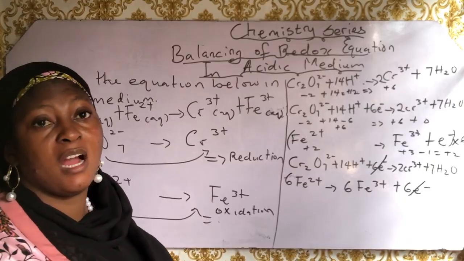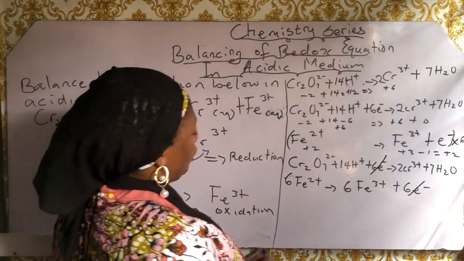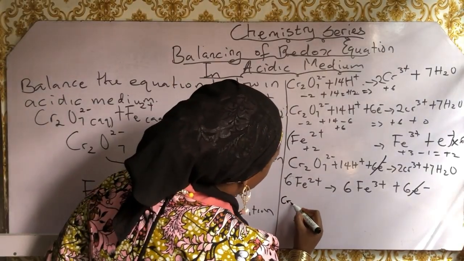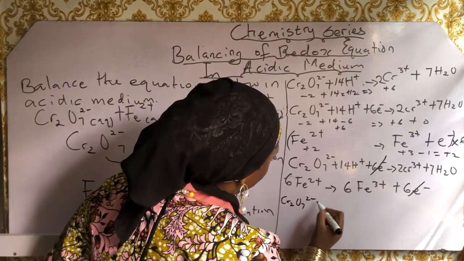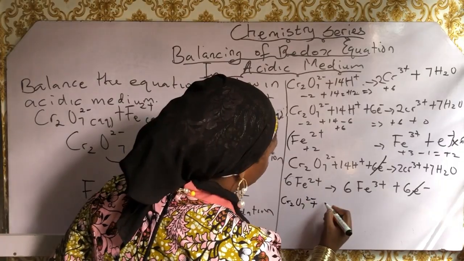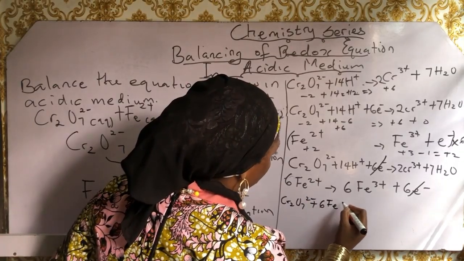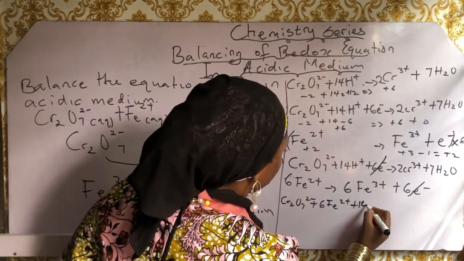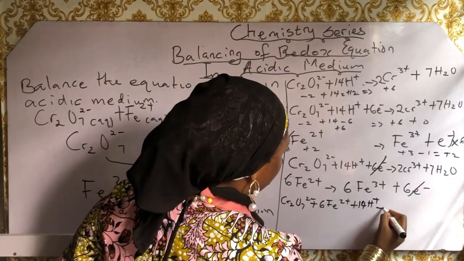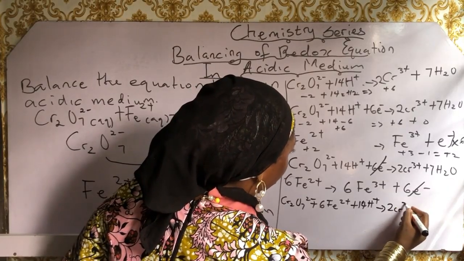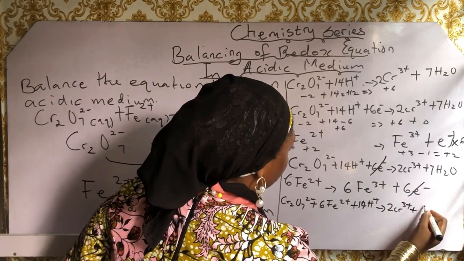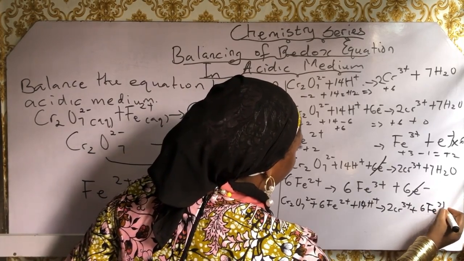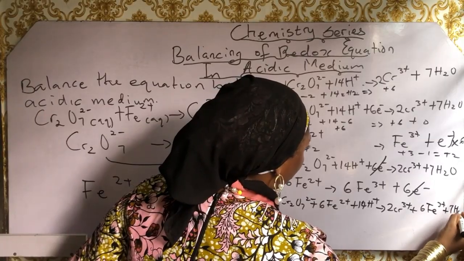We can now write the combined reaction. So we have Cr2O7 2- plus 6Fe2+ plus 14H+ to give 2Cr3+ plus 6Fe3+ plus 7H2O.